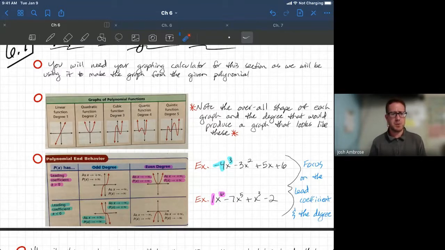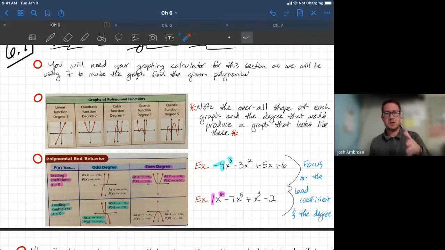The next one, polynomial end behavior, I color coordinated to make sure that you could really see what I'm talking about. Like the little note off to the right-hand side says, focus on the lead coefficient and the degree. Those are the main things you're focusing on.